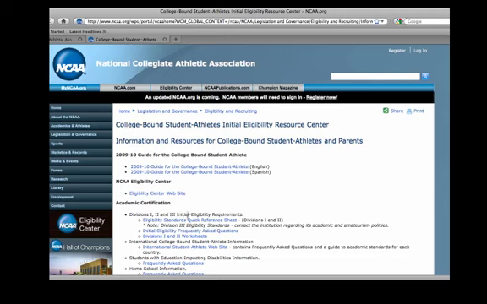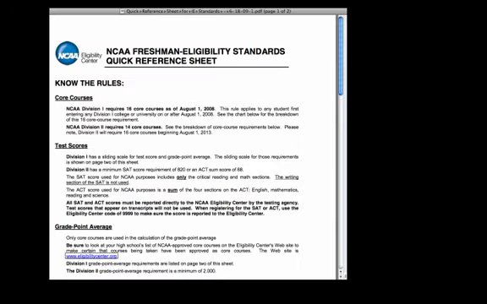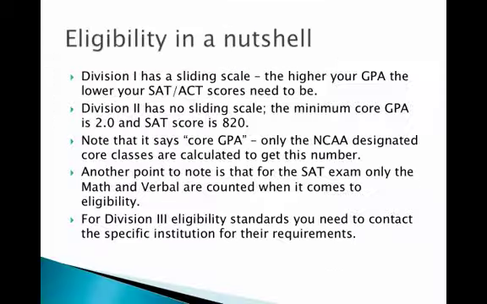Then click on Eligibility Standards Quick Reference Sheet. When you do that, this document will pop up, and it really is an important document for you to read from beginning to end. It talks about how many core courses you need. It talks about the grade point average. You really need to get this, print it out, and read it.